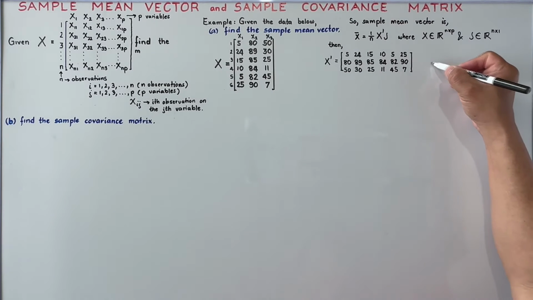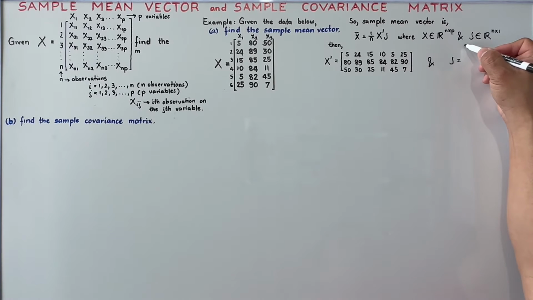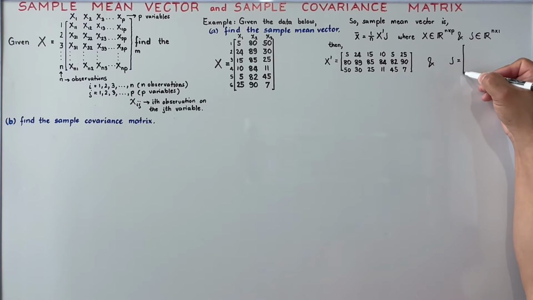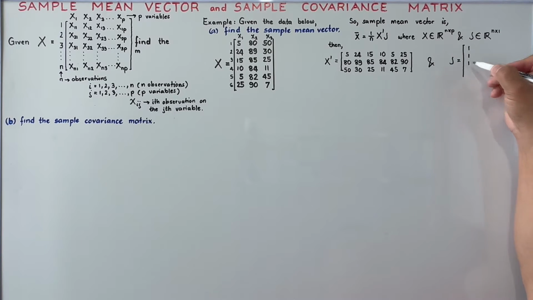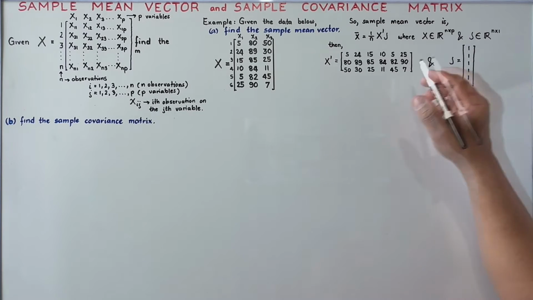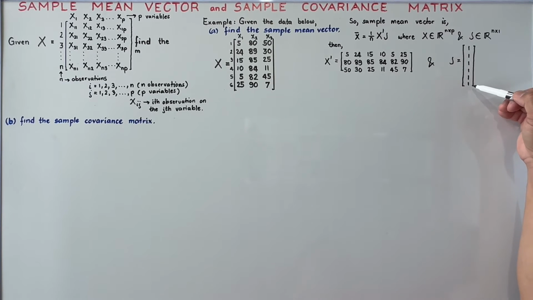And then we will construct the matrix J. The matrix J is a vector wherein the elements are all 1, and the number of ones depends on the number of observations here. And because there are 6 observations, we have 6 ones here.